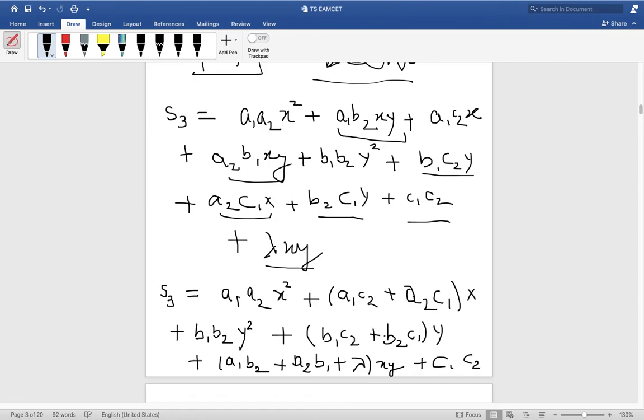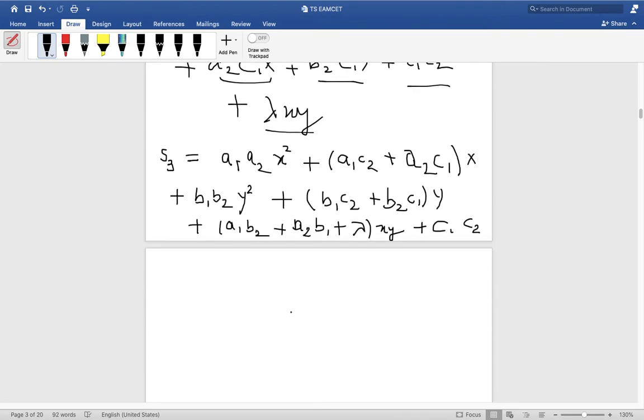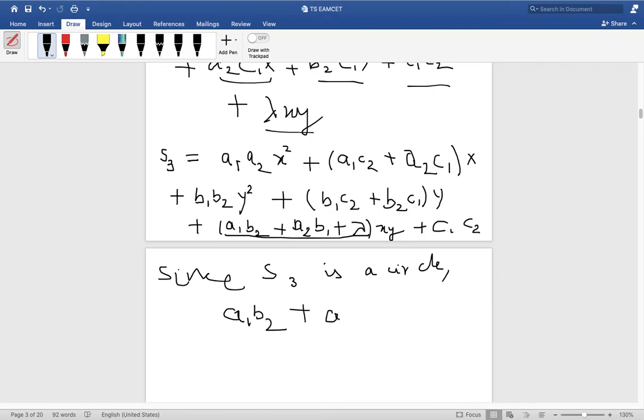So this is S3. Now we will use the properties of a circle to find out our lambda. In the equation of a circle, there is no xy term, hence the coefficient, which is this, has to be equal to 0. Since S3 is a circle, we can write a1 b2 plus a2 b1 plus lambda is equal to 0.